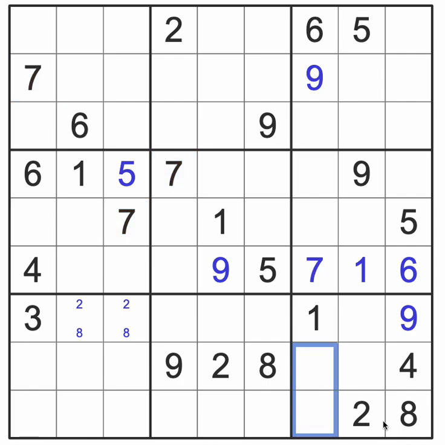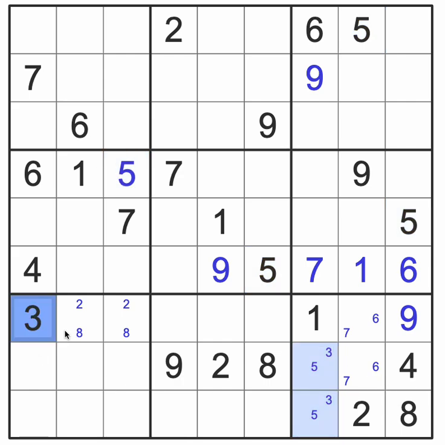So these 2 cells cannot use 6 or 7. That leaves only these cells for 6 and 7. So it's another double. And because of this double, I know 2 numbers that will fill these 2 cells, which is 3 and 5.